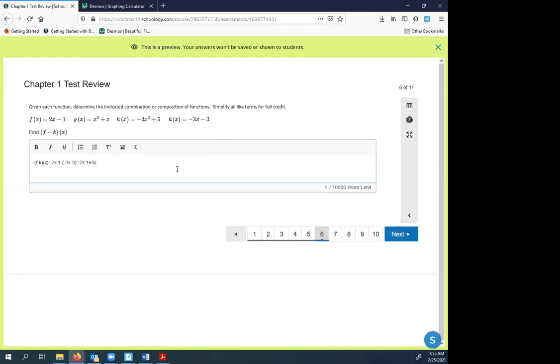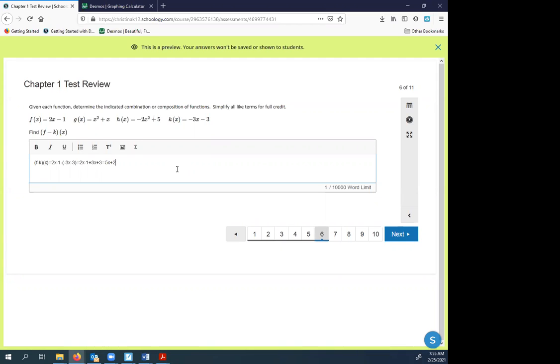Minus a negative 3 again becomes plus 3. Okay, combine our x's: 2 plus 3 is 5. Combine our constants: negative 1 plus 3 is 2. 5x plus 2. So it's all just combining like terms there.